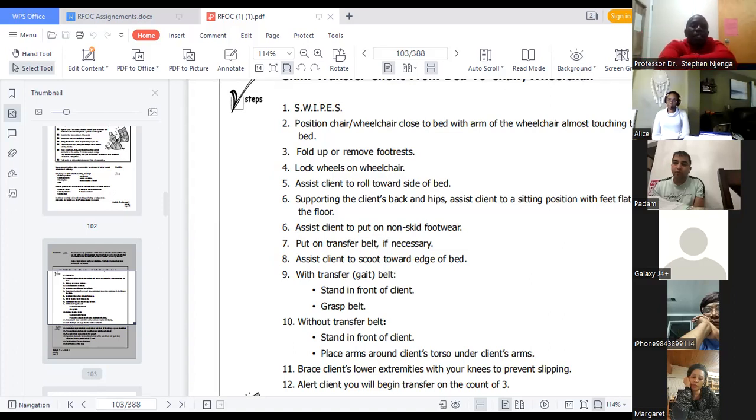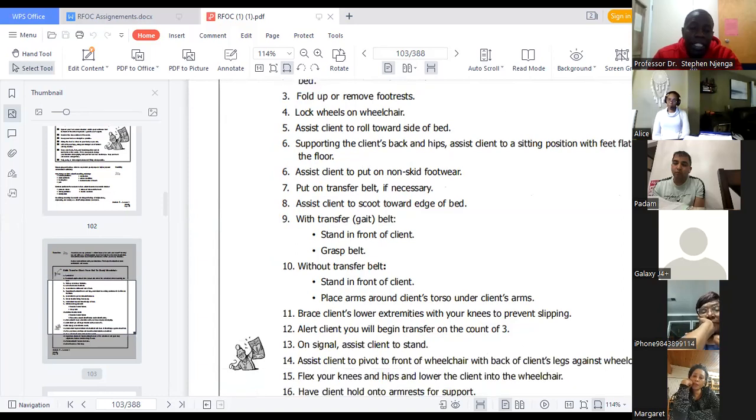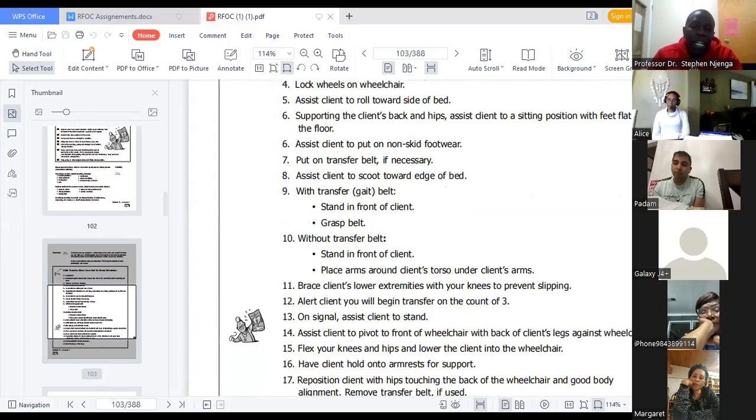So your hands go under the client's arms, and you grab your hands around so that you'll be able to help the client to stand. Brace the client's lower extremities with your knees to prevent slipping. Since you're standing in front of the client, that will help block the client in case the client wants to slip, slide and fall.